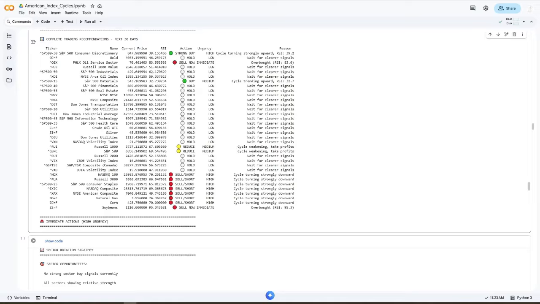dashboard. So here, in the very short term, we have a sell signal for the NASDAQ 100, the Russell 3000, even consumer staples, which is not the same as consumer discretionary. This one is the S&P 500 25. The other one with the buy signal is the S&P 500 30.